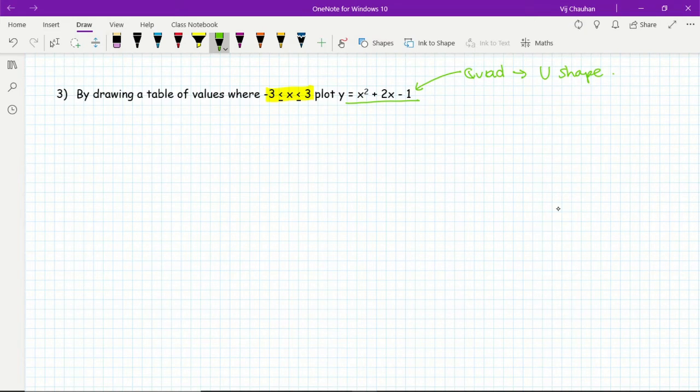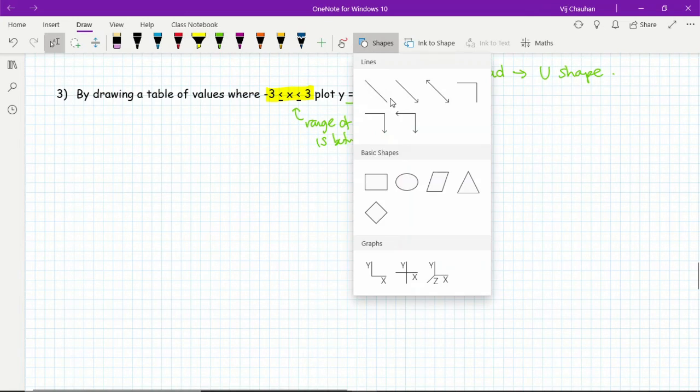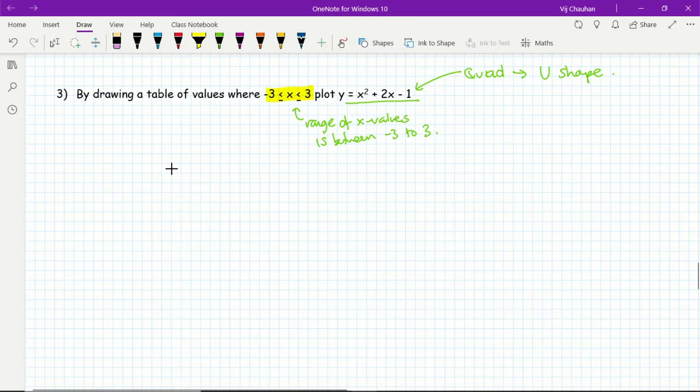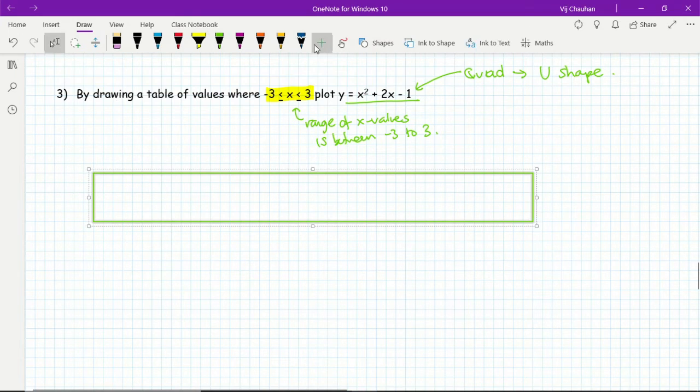Now when drawing a table of values, this is what we actually need to do, and what this is basically telling me is that my range of x values is between -3 to +3. So if I go about drawing my table of values, let's go for black.